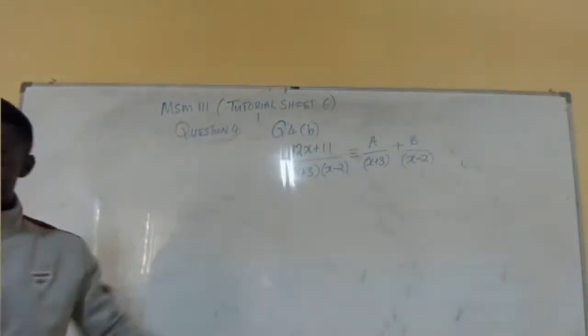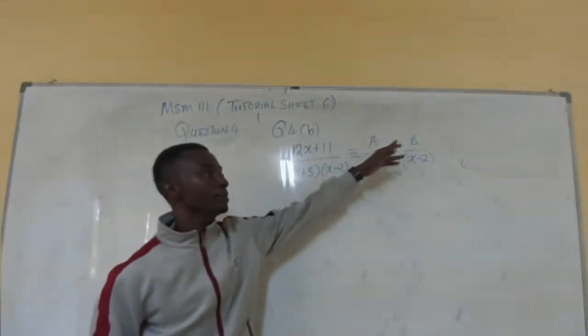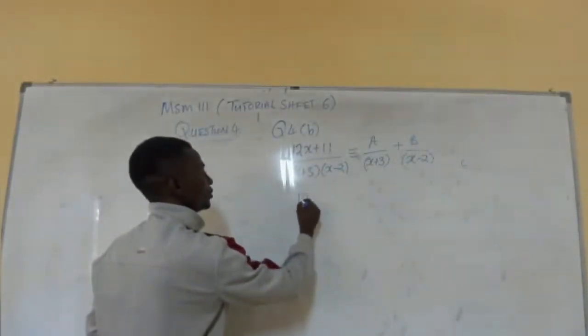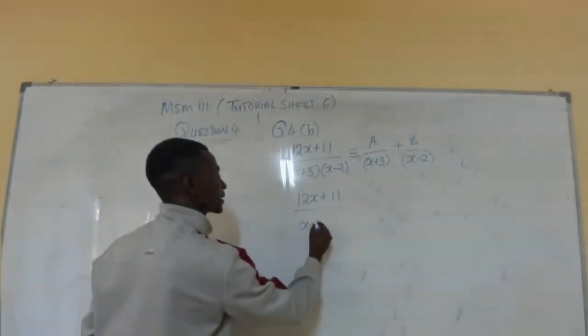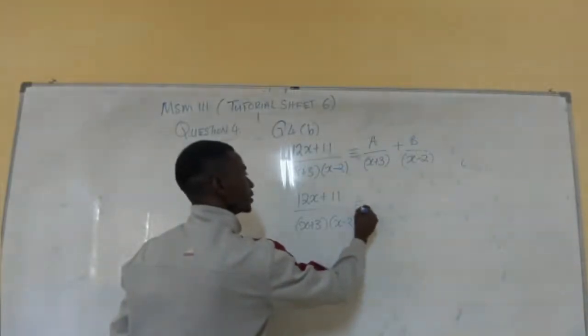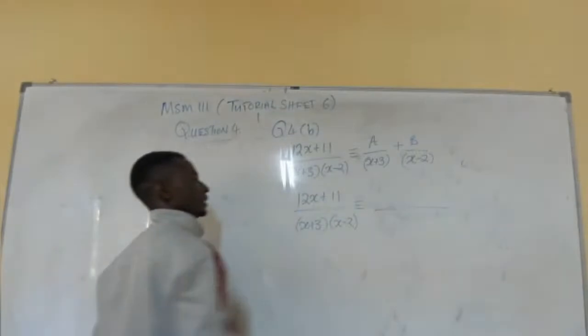So we are not done. What next is to find the values of a and b. How are we going to do that? You say 12x plus 11 over x plus 3, x minus 2 is equivalent to, you find the common denominator there.